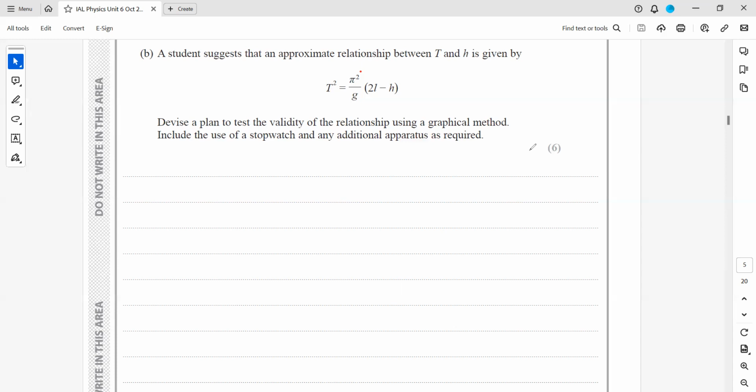We'll measure the length of the pendulum and the height of the peg from the point of suspension by using a meter rule. So we can measure L and h by a meter rule or a meter scale.